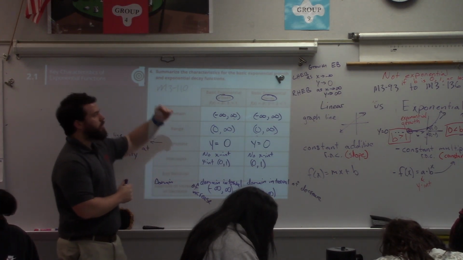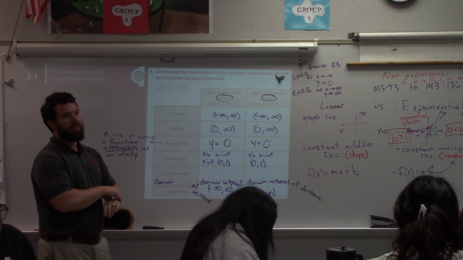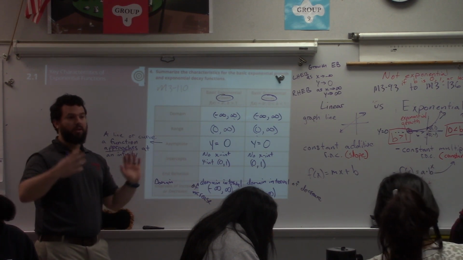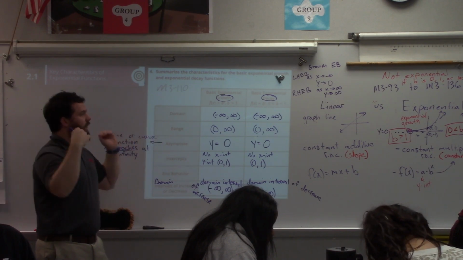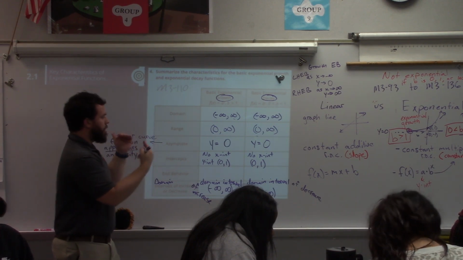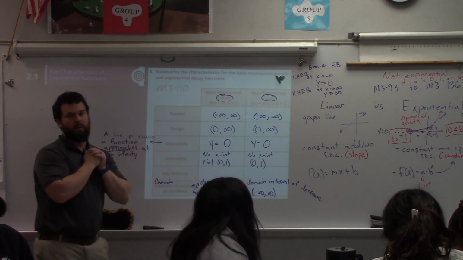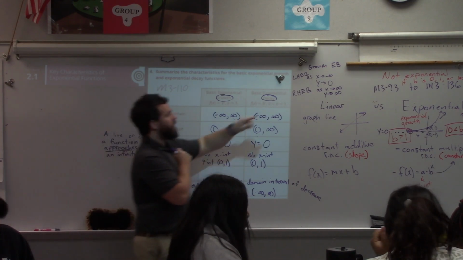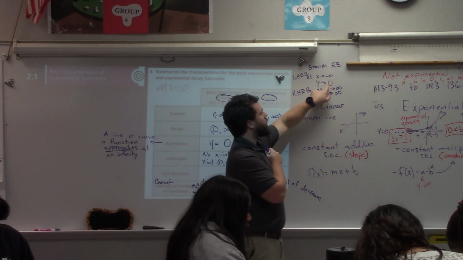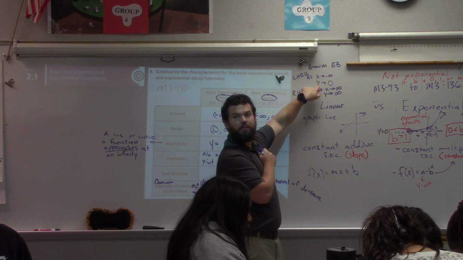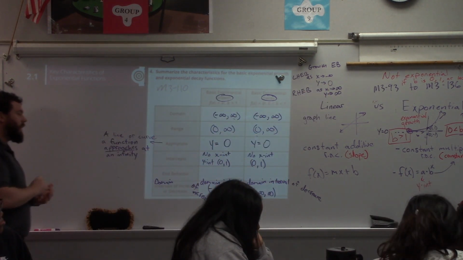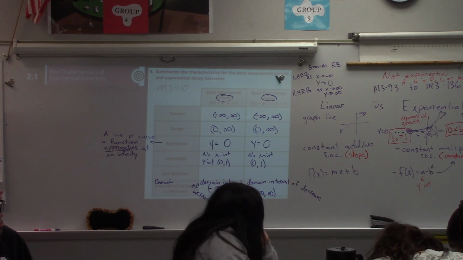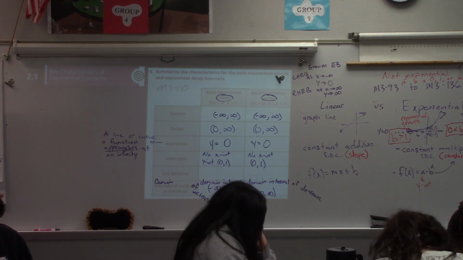But if you understand what end behavior is, and just, hey, end behavior is just looking at the two ends and saying as x does this, y does this. If you understand end behavior, then the asymptote is a natural part of it. At this infinity, my y is approaching 0. That's my line, y equals 0. That's it. So if you understand these features and what they mean, everything else is natural.